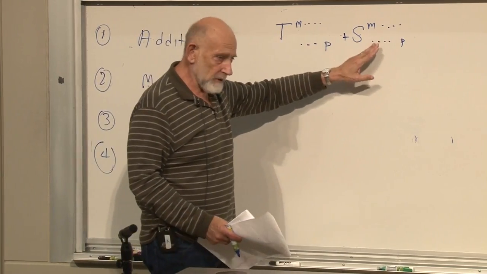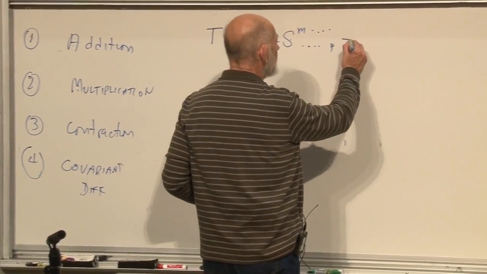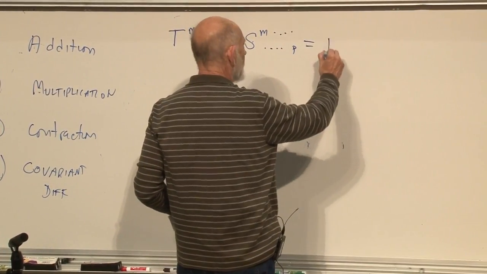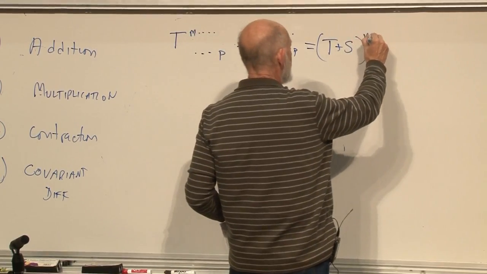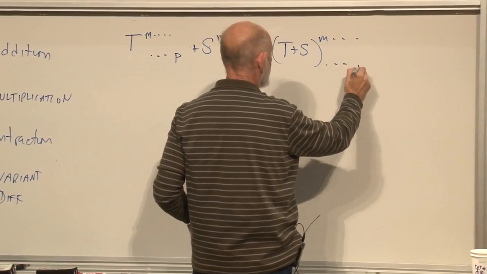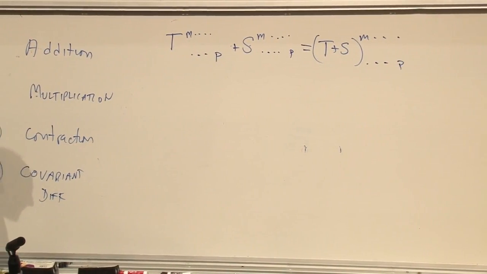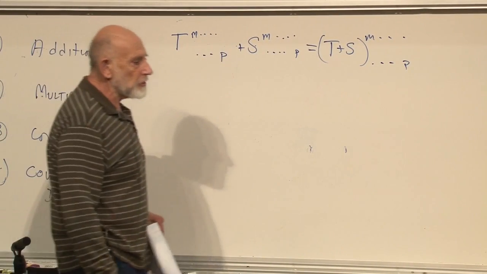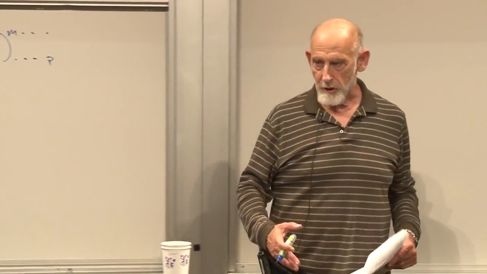If the indices match, then you are permitted to add them and construct a new tensor, which I'll just call T plus S, M... P. In other words, the thing which is just the sum defines a new tensor, which is the sum of the two tensors.